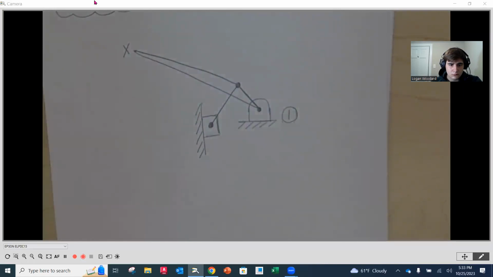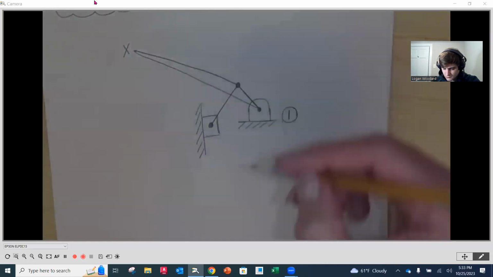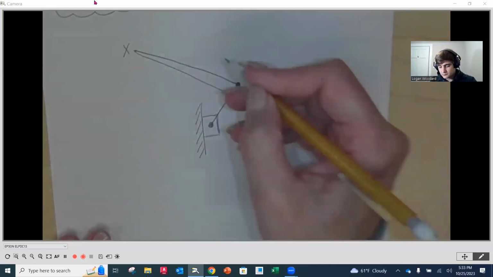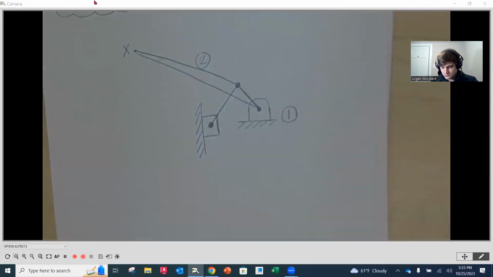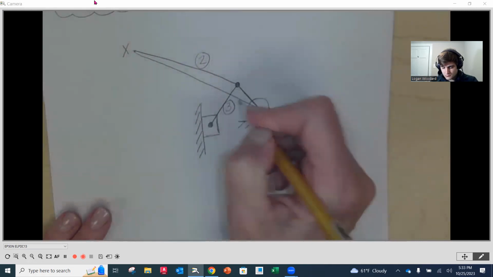The convention I like to stick with, and it doesn't mean that it's the only way to do it, but you're going to see the book isn't always consistent with this, though they start to get consistent after a while, is that your input is usually going to be your next link, meaning the handle here connected to that frame would be link number 2, a number with a circle around it. Link number 3 is going to be that connecting rod.